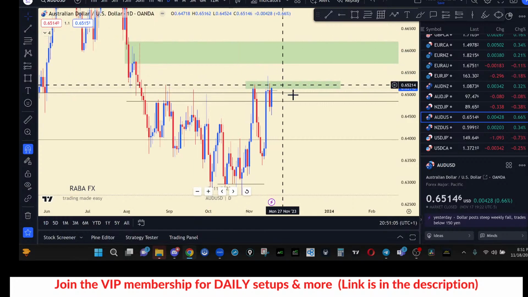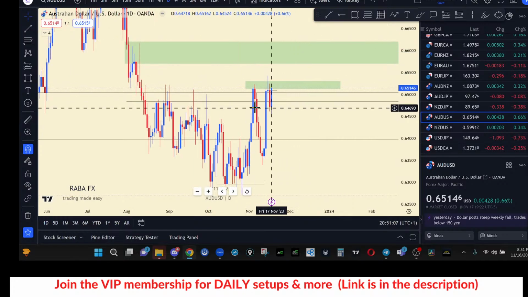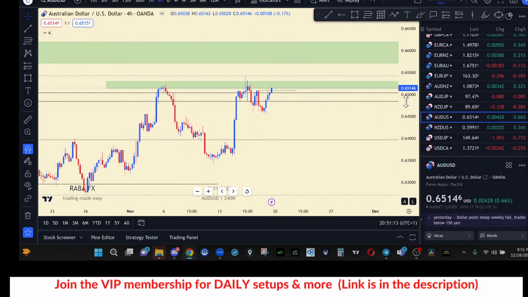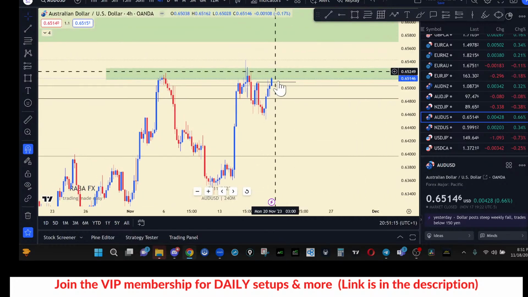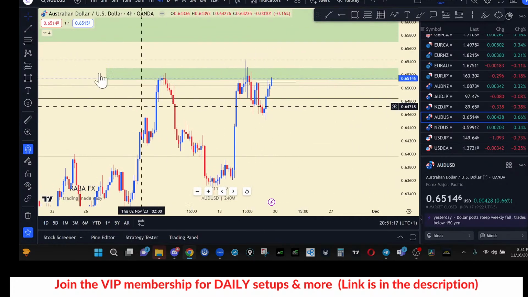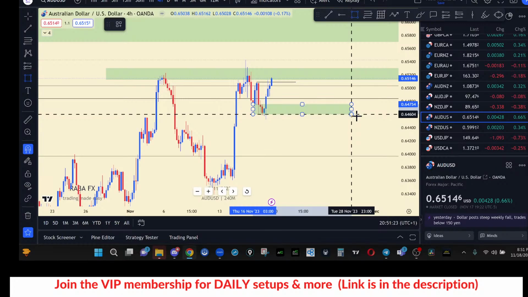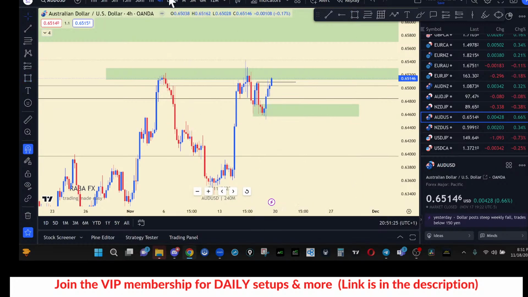But for me, on AUD USD, we don't have a trade. Instead, we look for bullish trade. Let's continue looking for bullish trade. And in that case, if price comes to this level, yeah, you can buy. Okay, you can buy from that level.